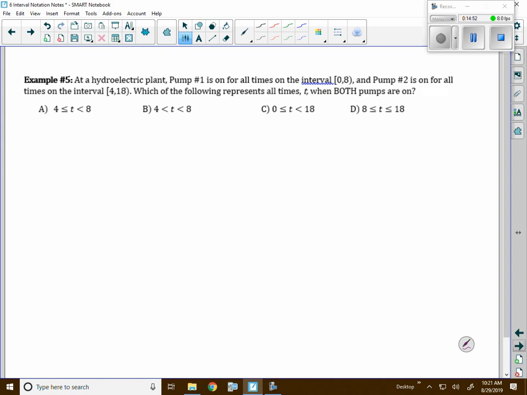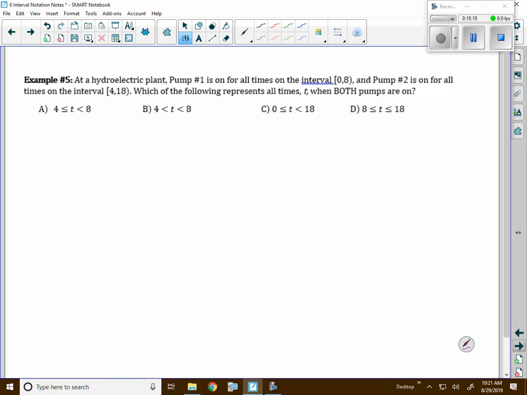All right, example 5. A hydroelectric plant has pump number 1, and it's on from interval 0 to 8. Pump number 2 is on for all times from 4 to 18. Which of the following represents all times when both pumps are on?